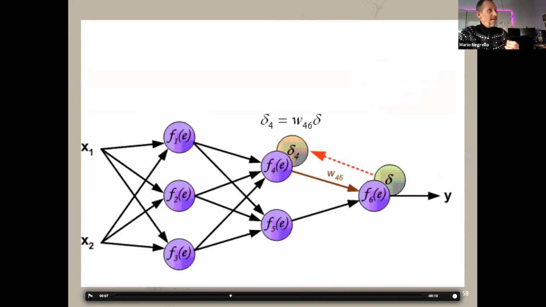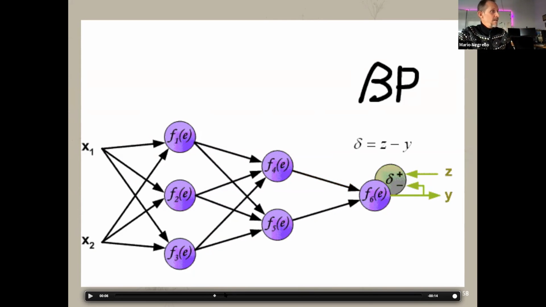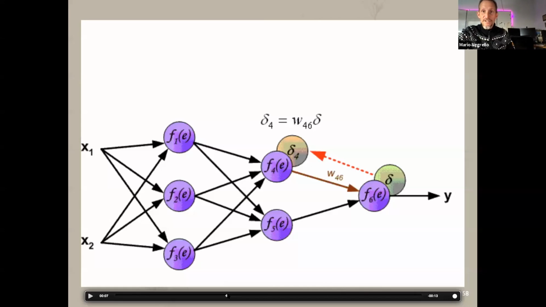And that delta is the overall error that we just computed a moment ago. So the delta itself was here. And here, notice, we are just backpropagating as a function of weight for 6. So the responsibility of that particular connection is proportional to its contribution to the target that had a delta, that had an error.